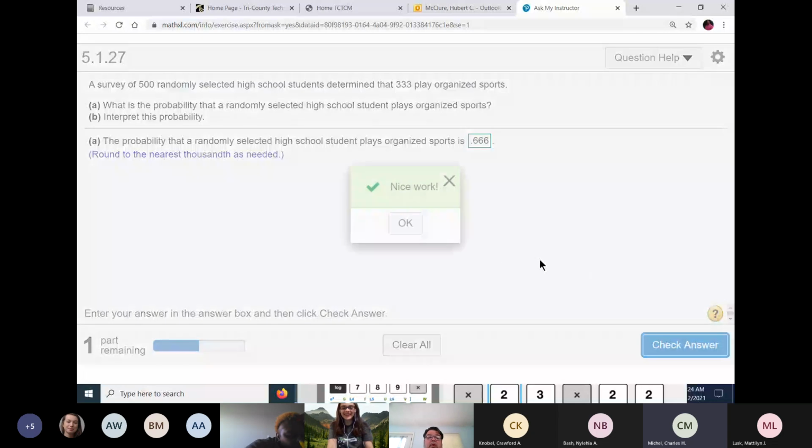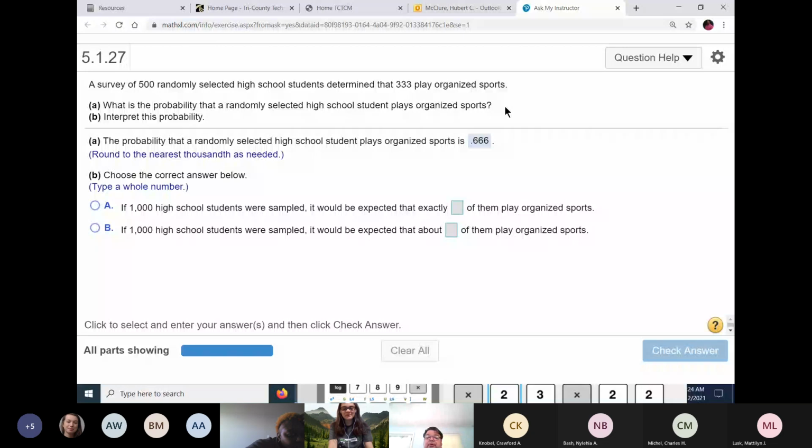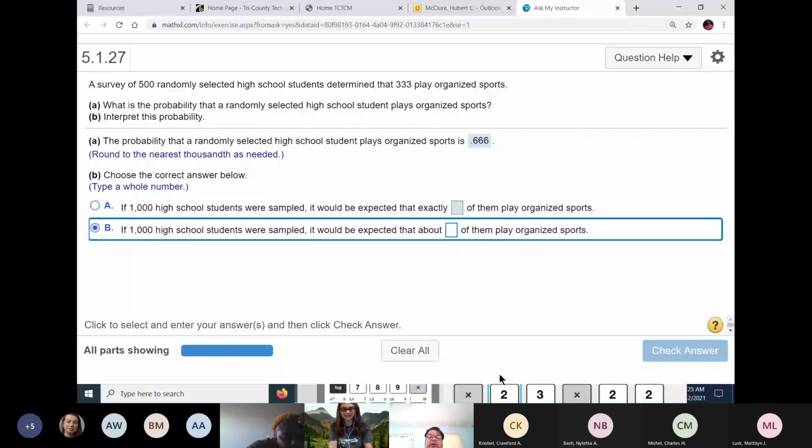Okay. Interpret the probability. So 666 out of 1,000 play organized sports. Now why am I not picking Alpha? Why am I picking Bravo? Somebody look at the sentences. They say almost the same thing.